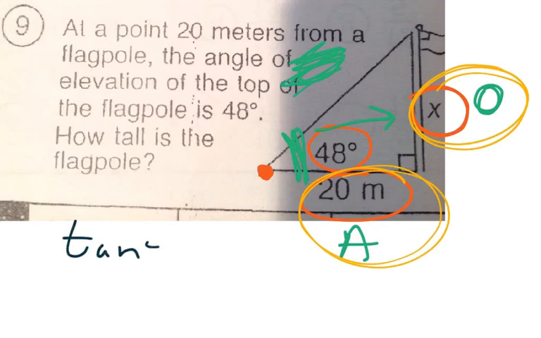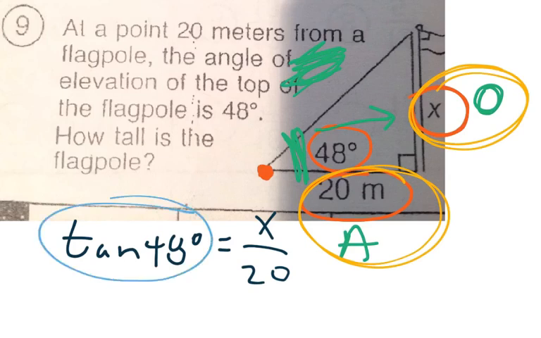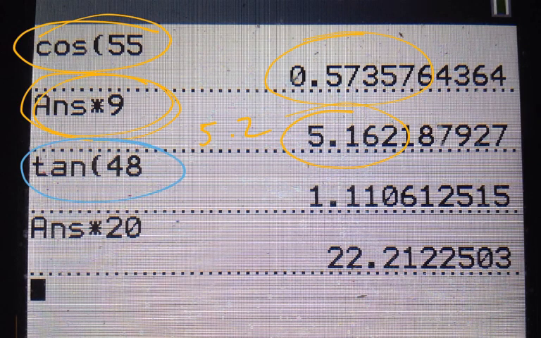So I know the tangent of 48 degrees equals the opposite over the adjacent. If you look at my math, I'm going to do the tangent of 48. I'm going to times by 20 because that gets rid of the divide by 20 right there, and I'm going to find my X. Let's go to the calculator. I did the tangent of 48. That's 1.11.